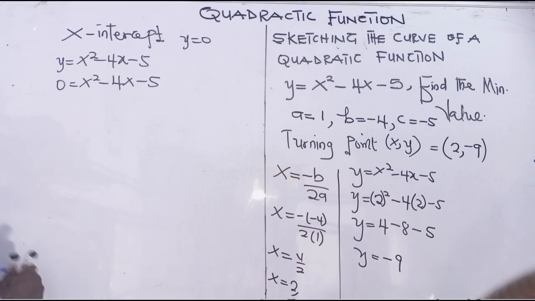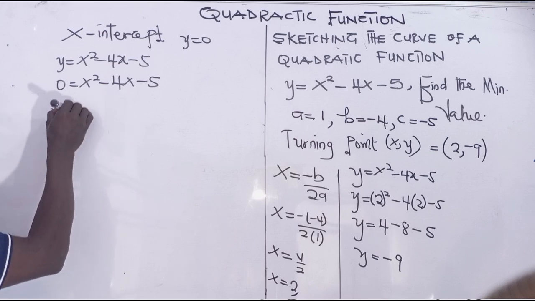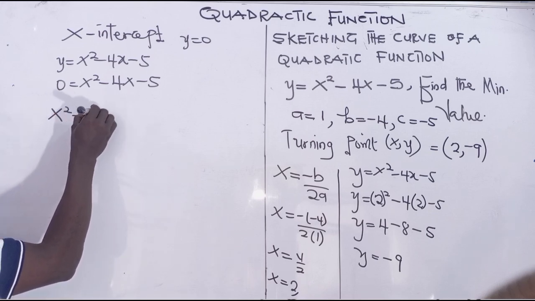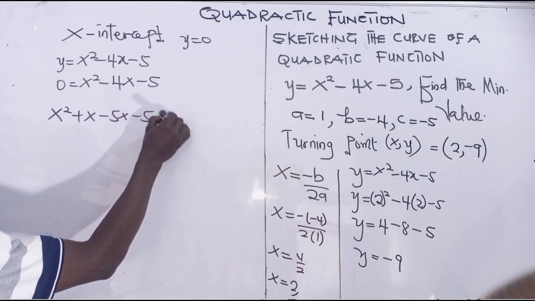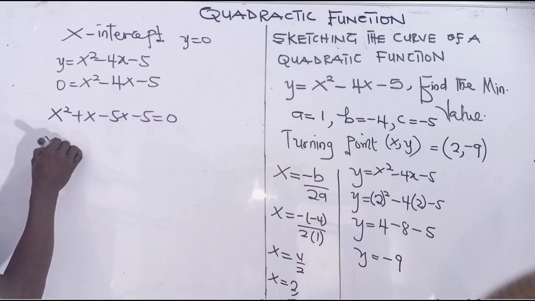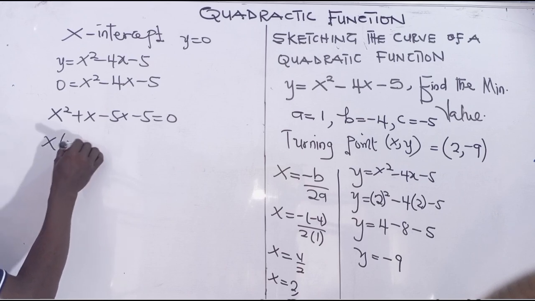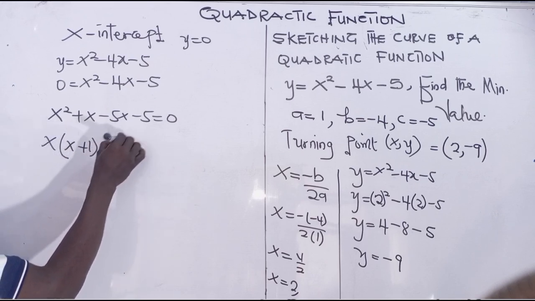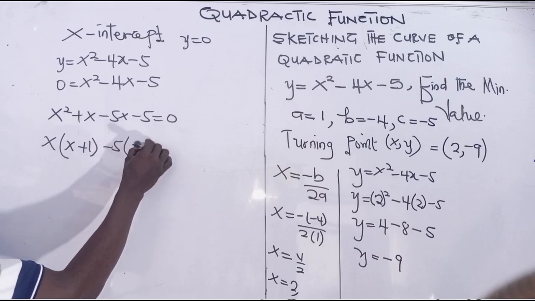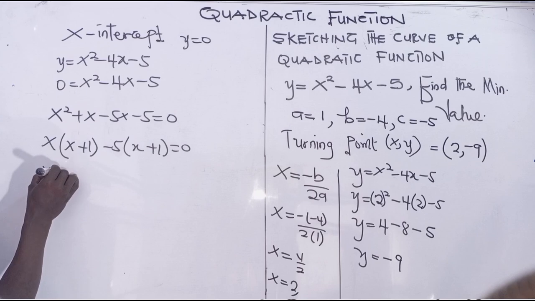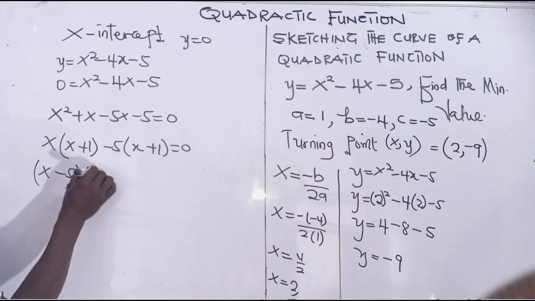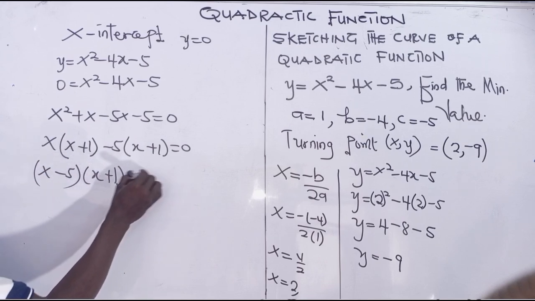Using the factorization approach, we are going to have x squared plus x minus 5x minus 5 is equal to 0. So factorizing x out, we have x plus 1, minus 5, we have x plus 1, and that is equal to 0. So we can say that x minus 5 and then x plus 1 is equal to 0.